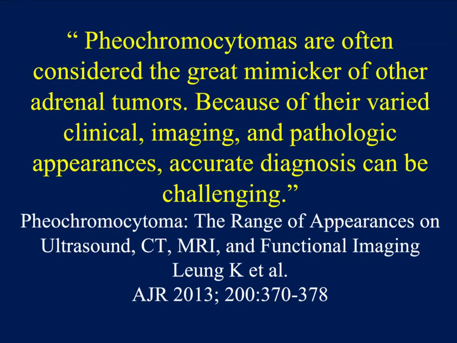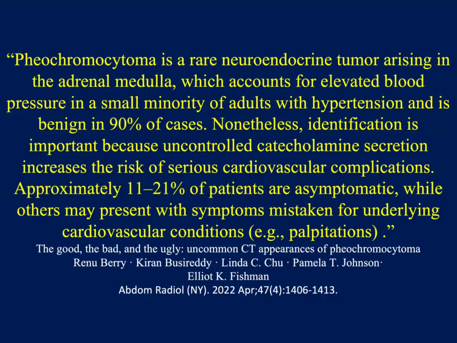In this article by Leung, which is a decade old, but still perfectly correct, Theos are considered the great mimicker of adrenal masses. Varied clinical, imaging, and pathologic appearances, making diagnosis somewhat challenging. In our article by Berry, Theos are a rare neuroendocrine tumor arising in the adrenal medulla.